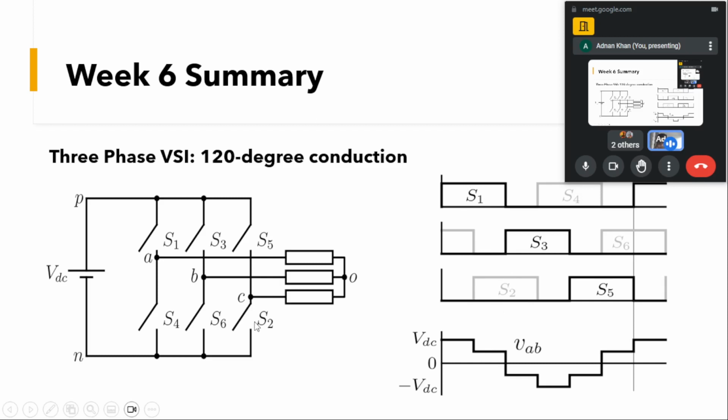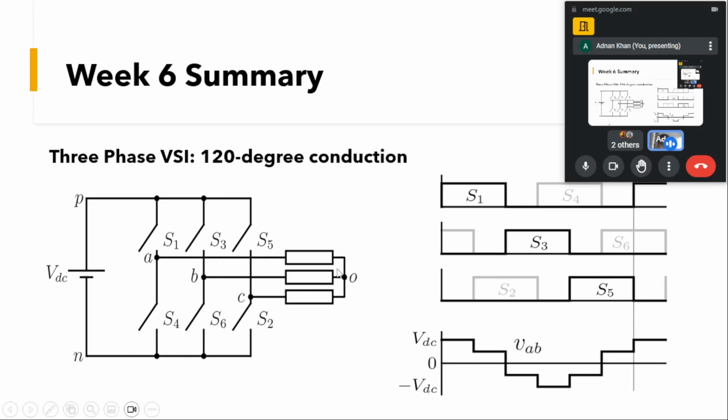Now we will see the 60 to 120 degree interval. Here S1 and S2 are on. So you see here VAC is equal to VDC, and this point is floating, B is not connected. This switch is on, this switch is also on.